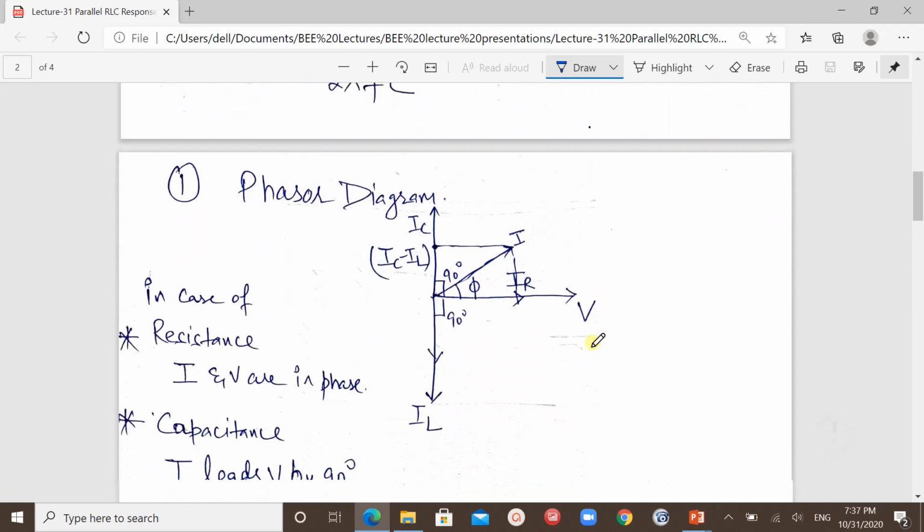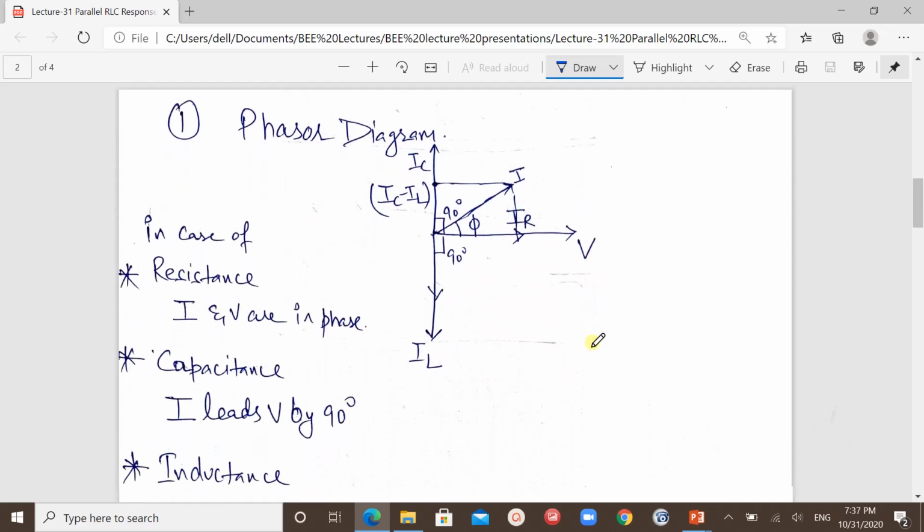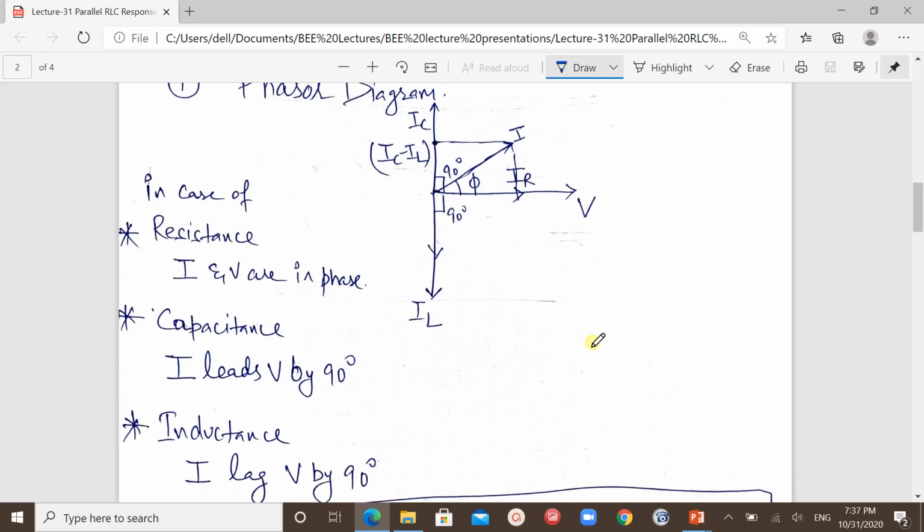Now we talk about the phasor diagram. As I have told you, we are taking the voltage as the reference. I am drawing V as the reference voltage, and the current in the resistance is in phase with the voltage, so this is the current IR.